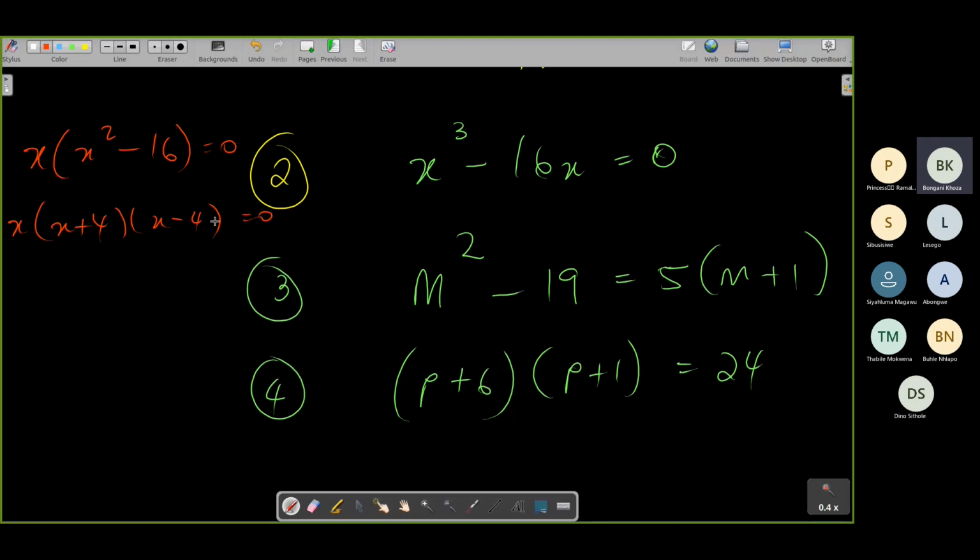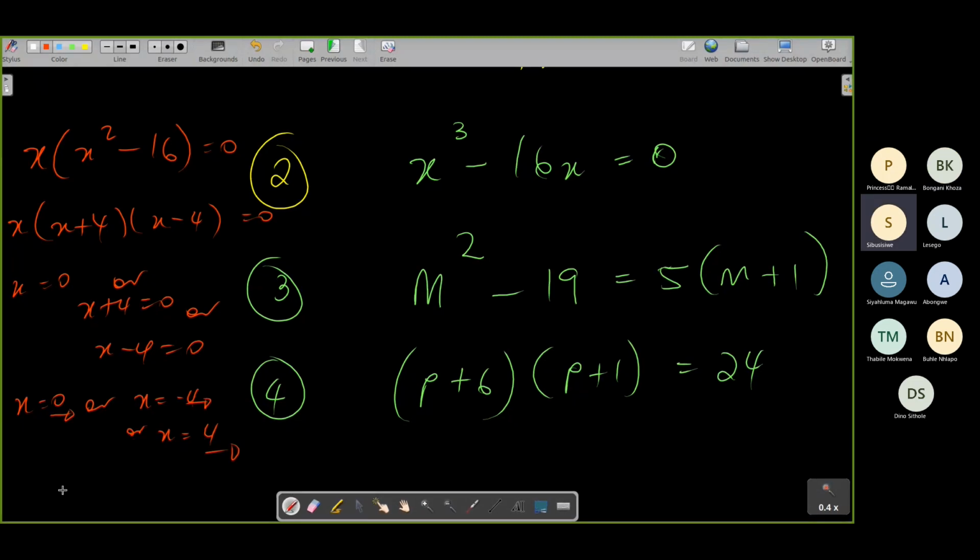So x equals 0, or x plus 4 equals 0, or x minus 4 equals 0. So your x could be 0, or x equals minus 4, or x equals 4. So those are all your solutions.